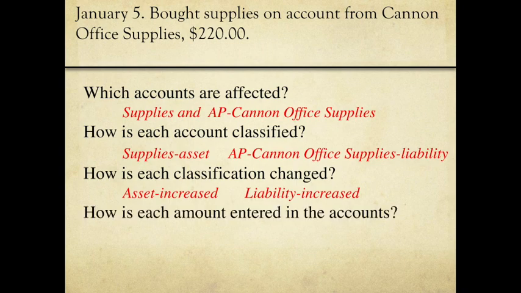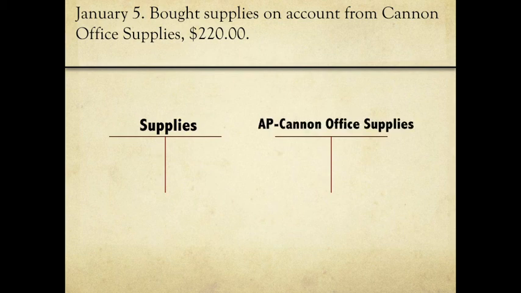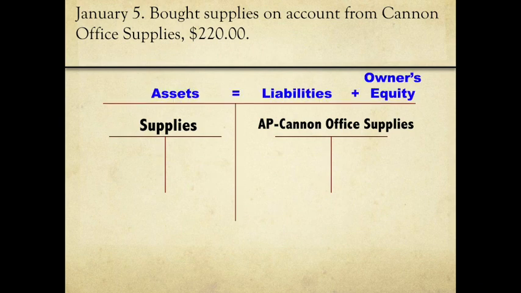And then how is each one of these entered into our accounts? So we'll go to our T accounts, and we'll list supplies as one account affected. And accounts payable, Canon Office Supplies, is also affected. Again, this is how it falls in our accounting equation. Supplies is an asset, accounts payable is a liability. Debits and credits always stay the same.